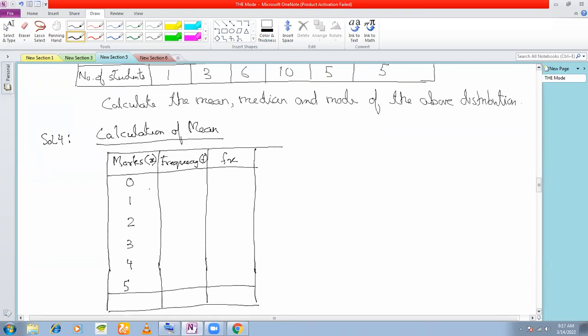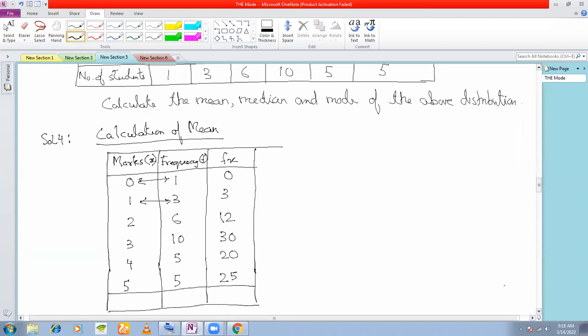And the number of students, the frequency here, is 1, 3, 6, 10, 5, and 5. And Fx is the multiplication of these two. So 0 into 1 will give you 0. 1 into 3 will give you 3. Similarly, 6 into 2 will give you 12. 10 into 3 will give you 30. 5 into 4 will give you 20. And 5 into 5 will give you 25.